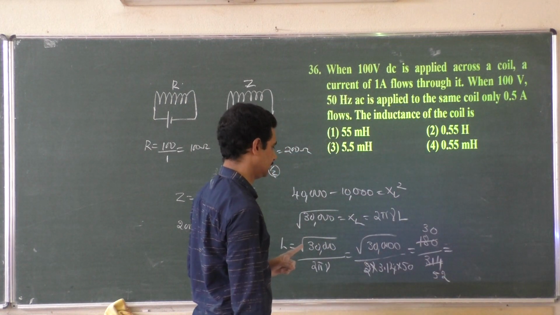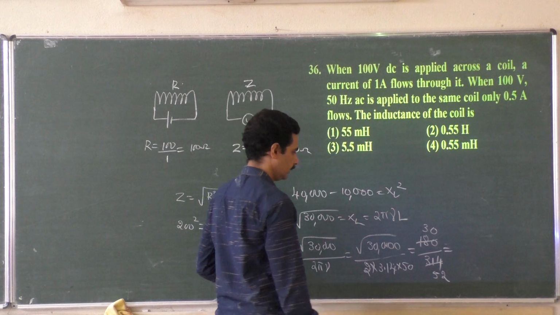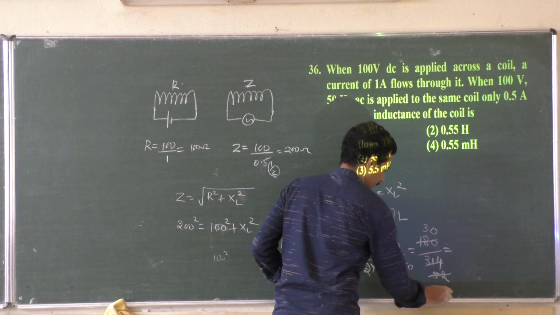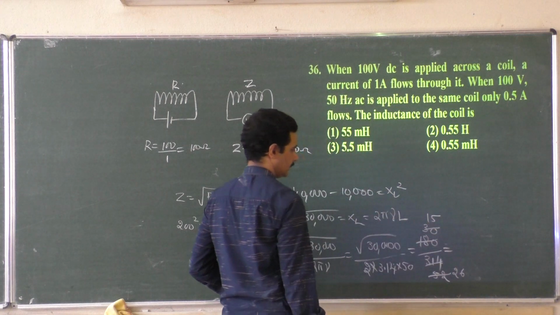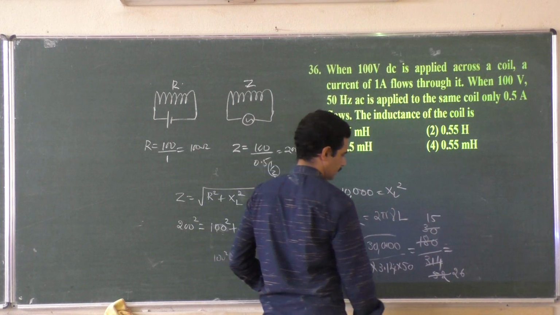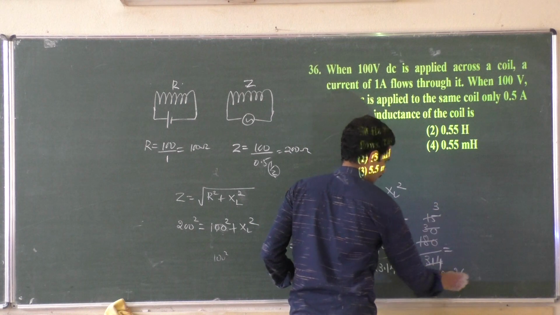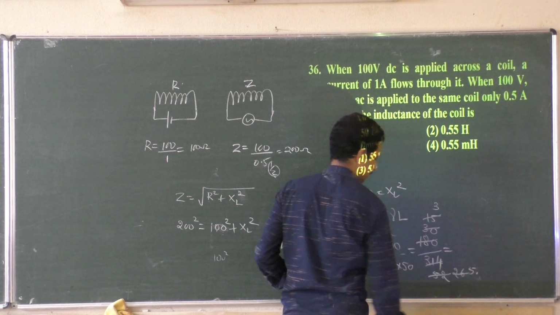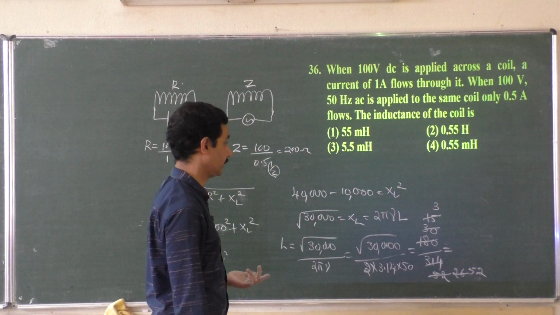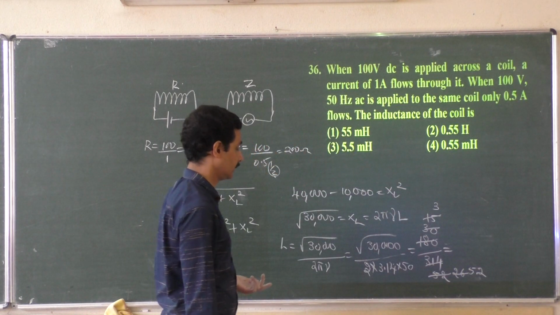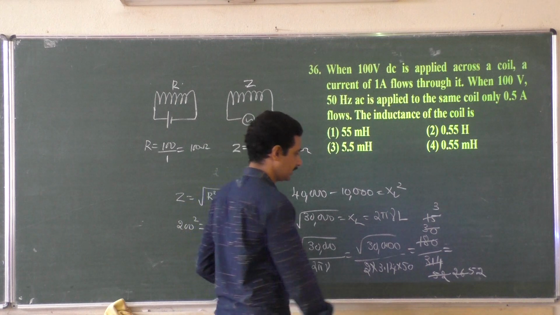Okay, then 52, 15, what else? 5s are 15, 5.2. Any answer? We are not getting a point. So 5.2, this is 0.6, right?